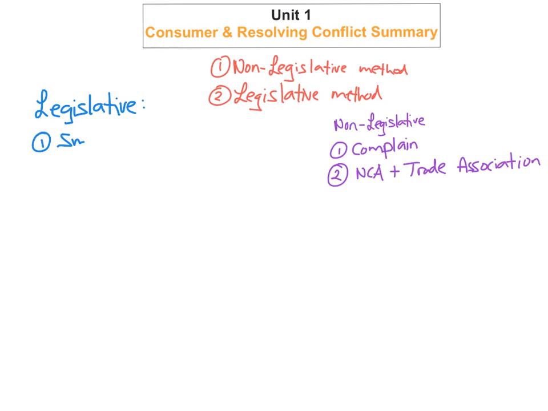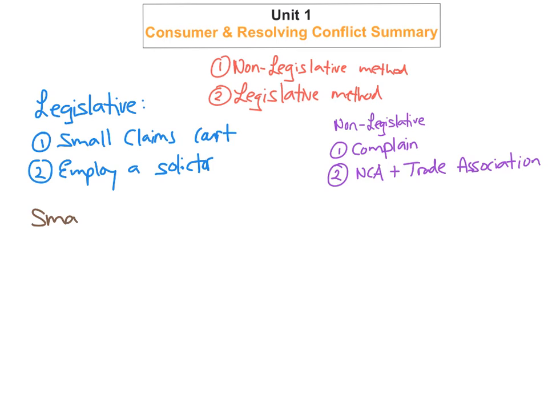You can go to small claims court. And the second way to sort it out legally is to employ a solicitor. So first of all, I'm going to look at small claims court.